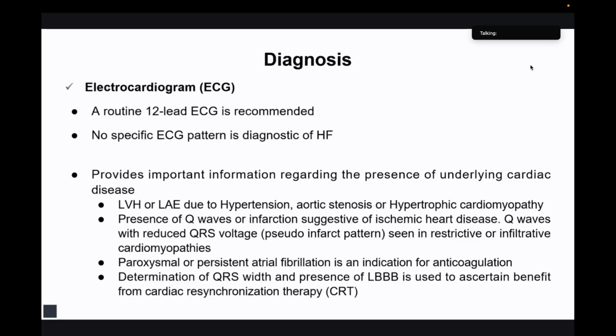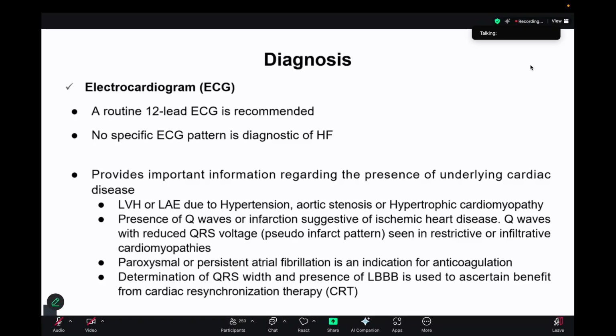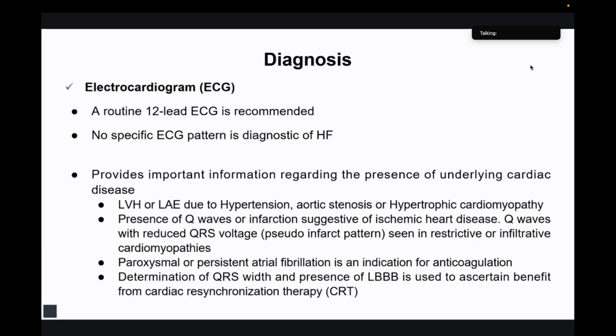Electrocardiogram, ECG. A routine 12-lead ECG is recommended in heart failure patients. There is no specific ECG pattern that is diagnostic of heart failure. Taking the ECG provides important information regarding the presence of an underlying cardiac disease.